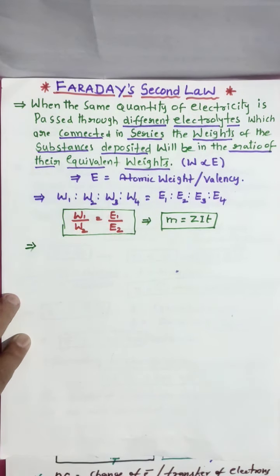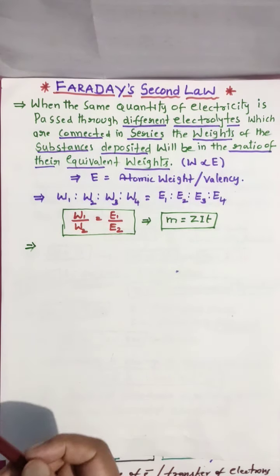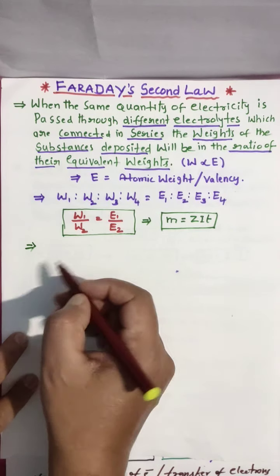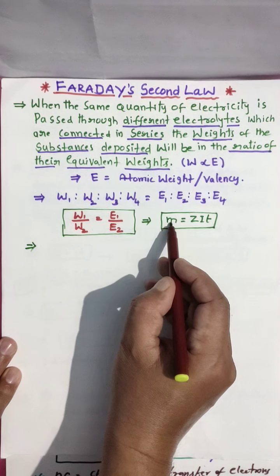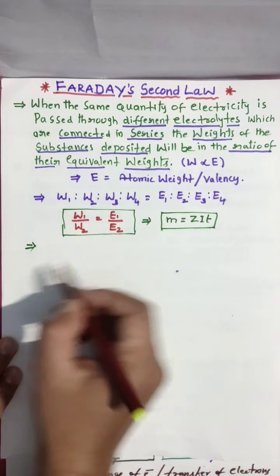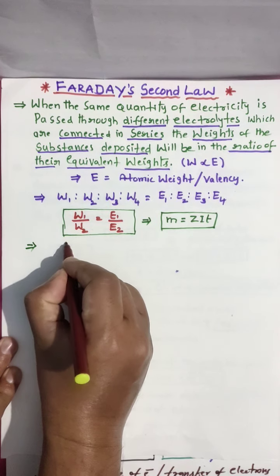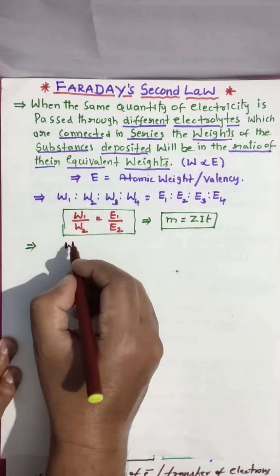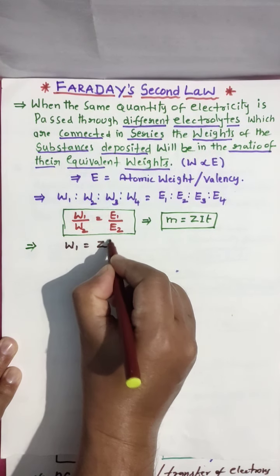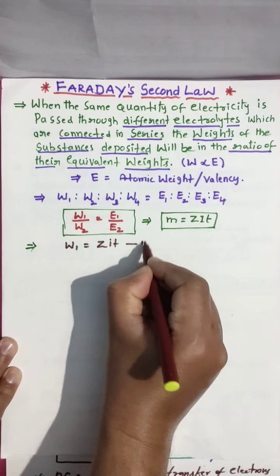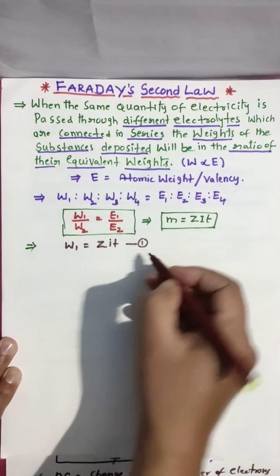Let me prove the Faraday second law formula with Faraday's first law. I am taking here M or W, both same. W1 equal to ZIT, this is equation 1.